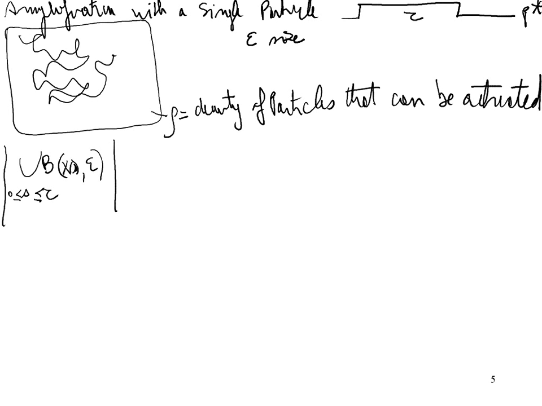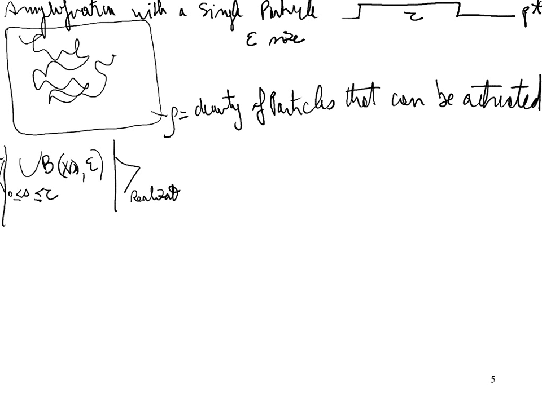This is exactly the Wiener sausage. And of course we'll be interested in the expectation of this quantity, so we have to average over all realizations. It will be interesting to get this quantity as a function of tau and epsilon.